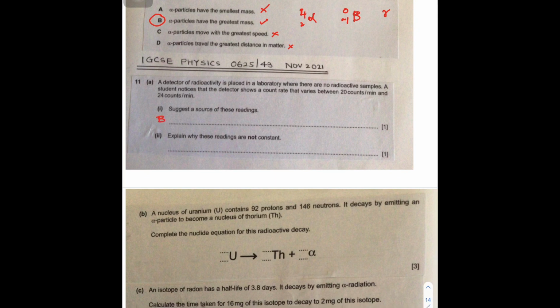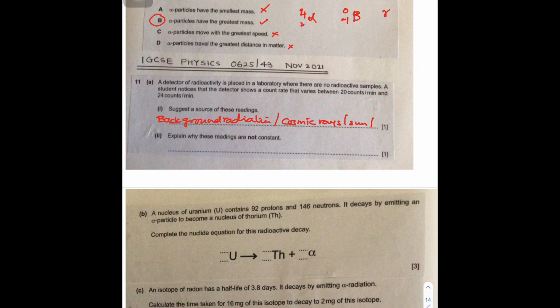So the reading is because of background radiation. Or you can say cosmic rays, or sun, space, stars, building materials, earth, rocks, anything. Radon gas, humans, animals, right?